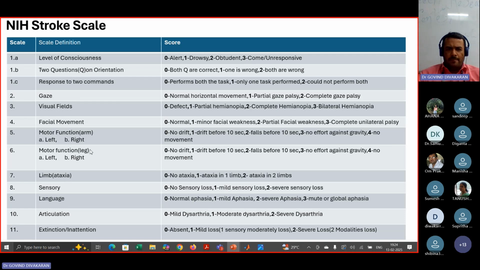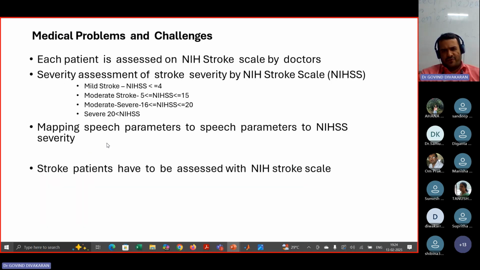So if a patient after the assessment has a score of less than 4, in that case the patient will be assessed as having a mild stroke. And if the NIHSS total score is between 5 and 15, then the category of the stroke will be moderate.